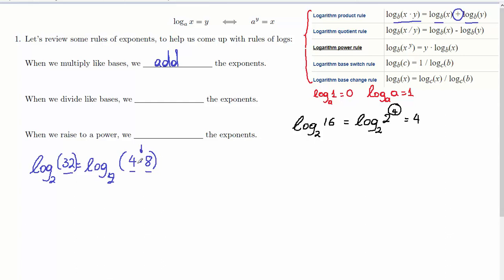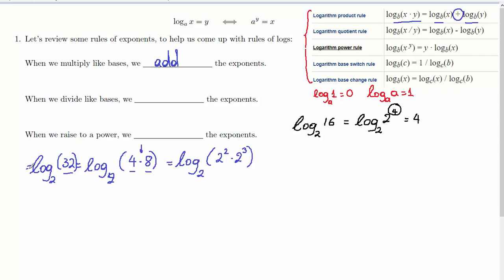Now, what is 4? Well, 4 is 2 squared. And what is 8? Well, 2 to the third. So basically what I have is log with base 2 of 2 squared times 2 to the third.